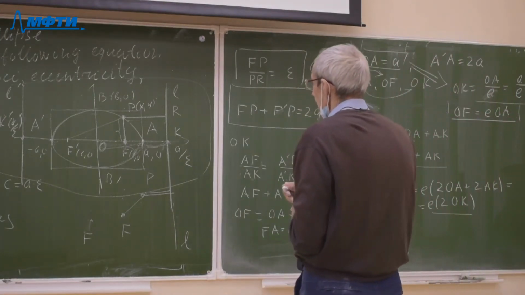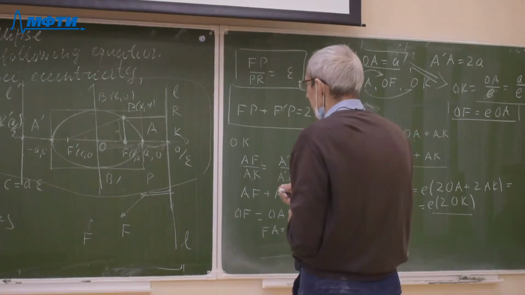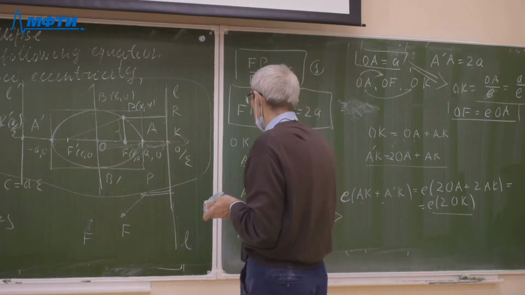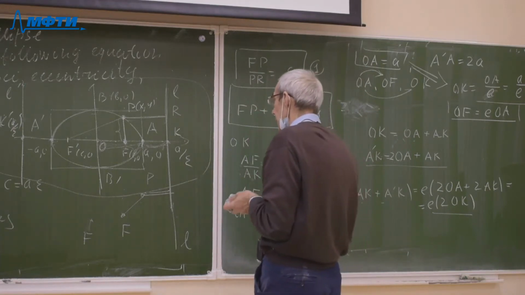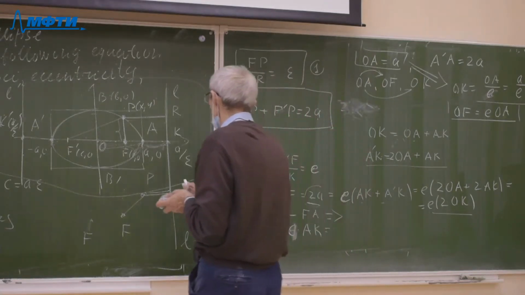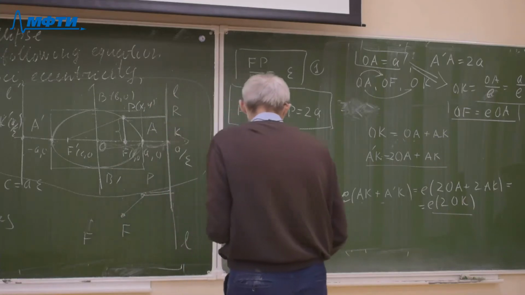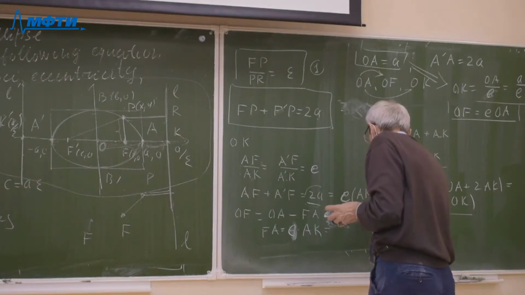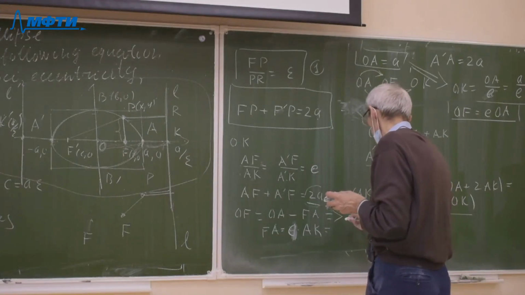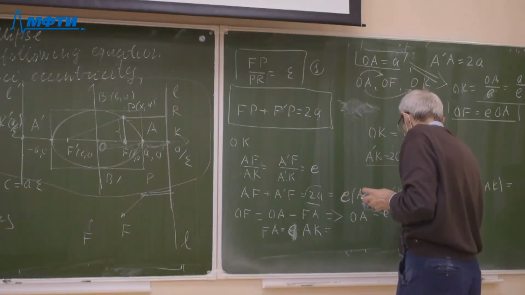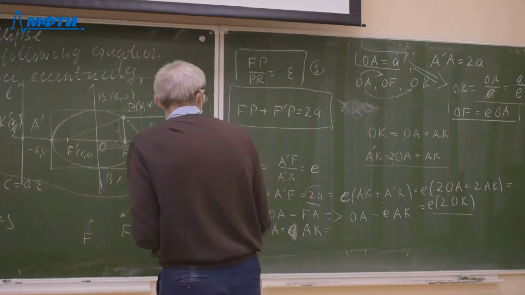OF plus FA is OA minus FA, OA, epsilon AK is equal to OA minus EAK, minus AK.